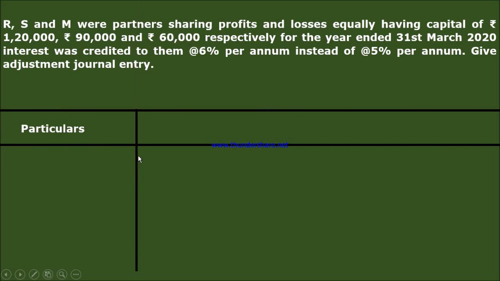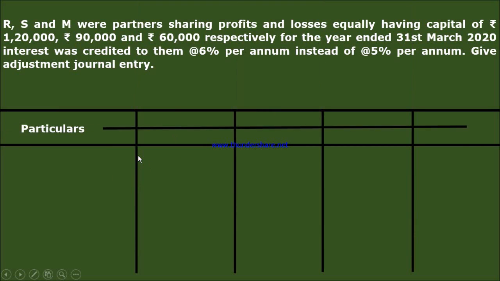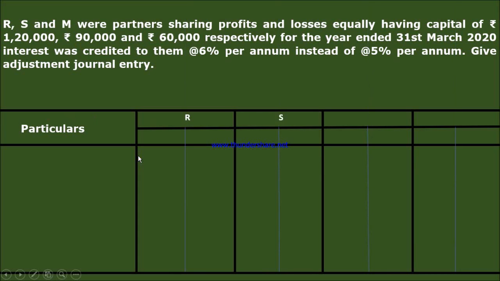I hope you are well versed with this particular format. Let us do it quickly and then write the partners' names R, S and M, and then firm, and then debit, credit and all other debit and credit.